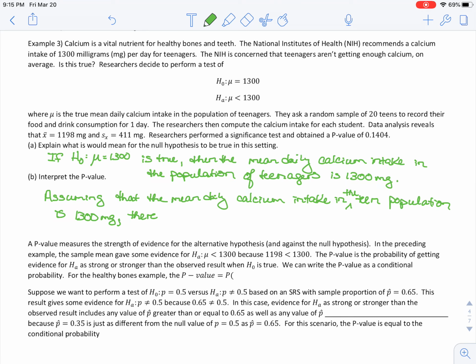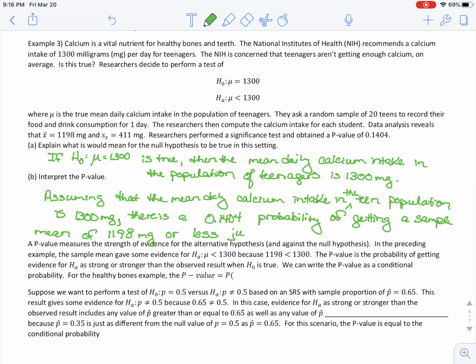So there is a 0.1404 probability of getting this sample data that's this extreme or something more dramatic than this. Or something even more dramatic, so something smaller than that, just by chance, just by sampling variability.